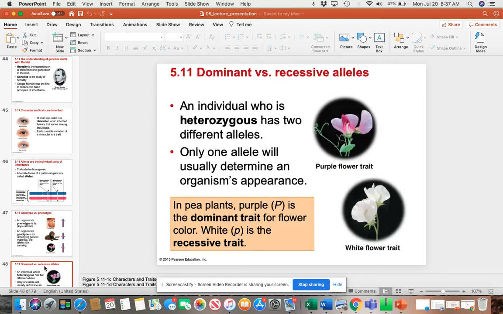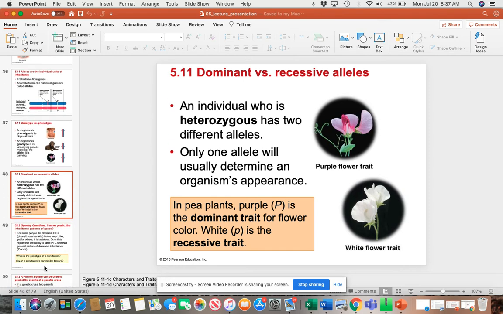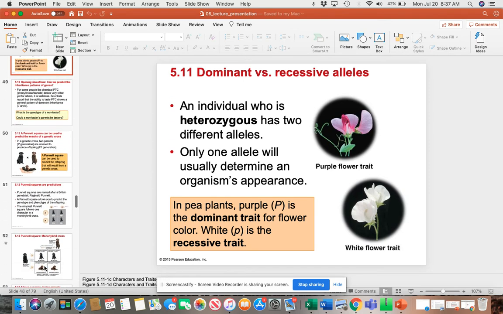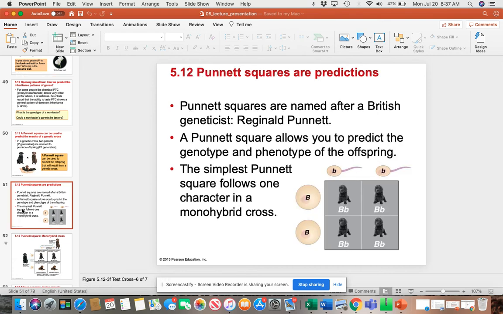Now, how do we transfer these characteristics? Well, what Gregor Mendel initially did was he crossed pea plants and looked at pea flower color as well as seeds. So in this example here, he pretty much used Punnett squares.